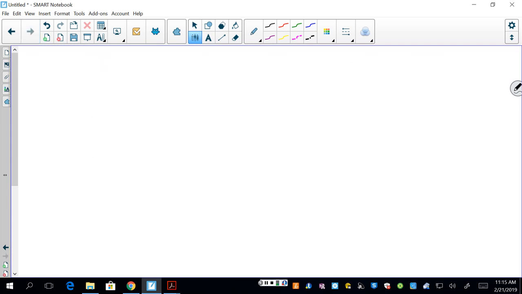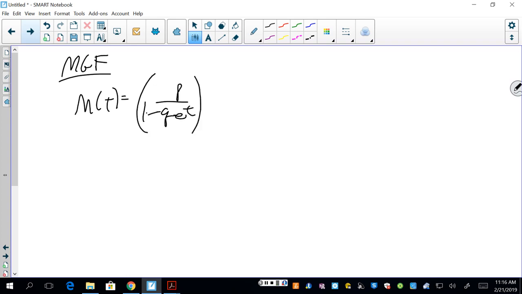Right. So the moment generating function type of problem. If you have a moment generating function for negative binomial, it's this 1 minus e to the r.